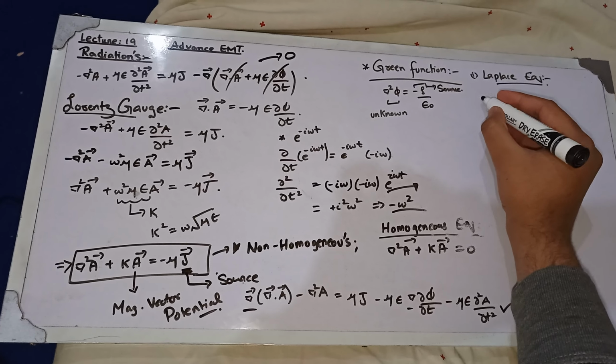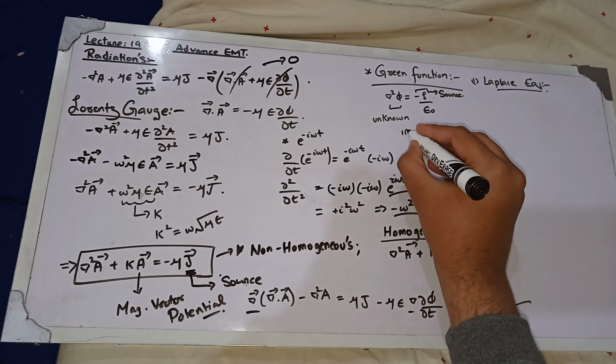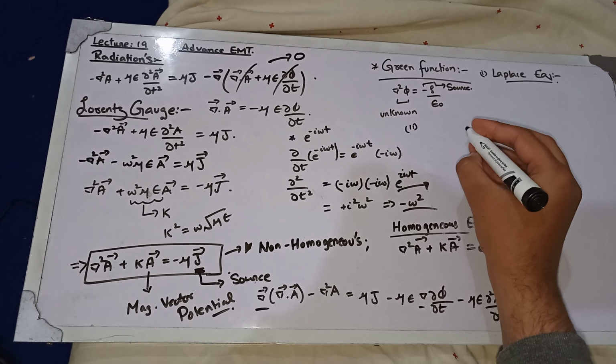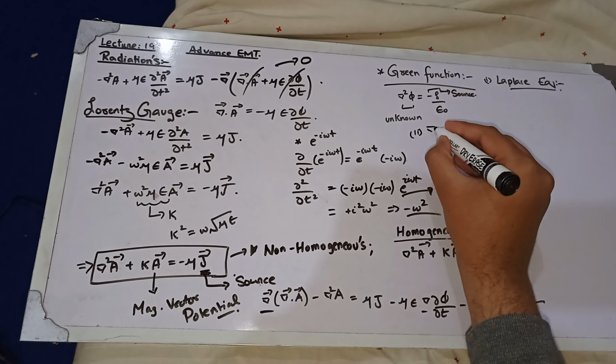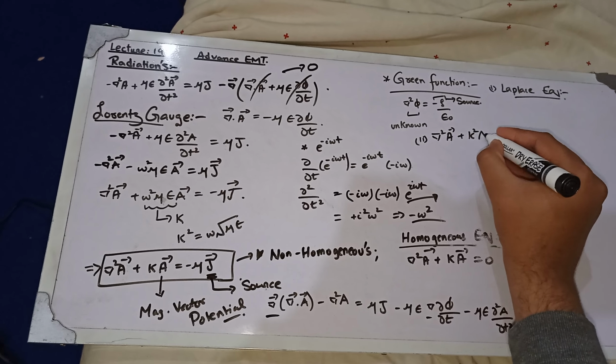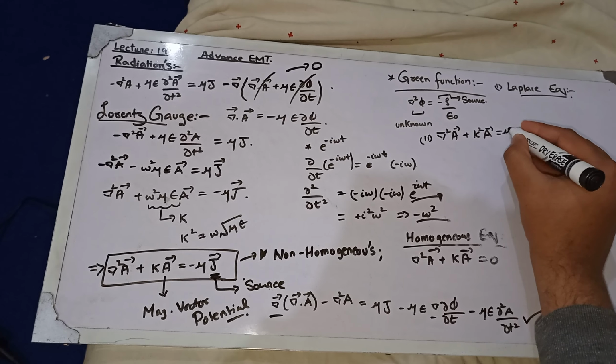Let's take another example, the equation we just derived for the magnetic vector potential, del square a plus k square a equals mu j.